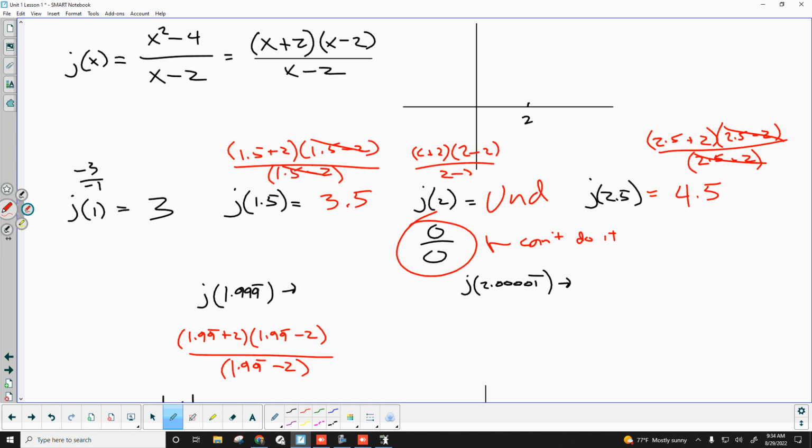I can't do this. It's still undefined here. But I could plug in something close to 2 because I won't get 0. I get something other than 0, and I get essentially 2 plus 2, which is 4. If I went in the other direction, it's the same thing. I get 4.